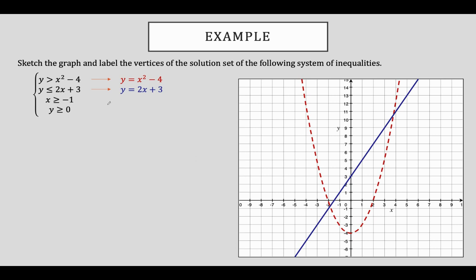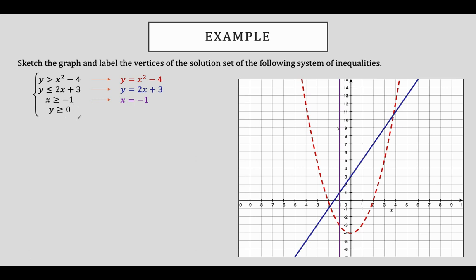Next, we graph the line x is equal to -1. x equals -1. Well, that's the equation of a vertical line. Where are all the x coordinates -1? That would be this vertical line right along here. So we're going to draw in our vertical line at x equals -1, and we're going to use a solid line because we have an equal to component again with our inequality.